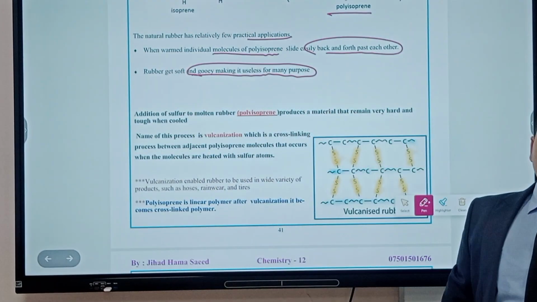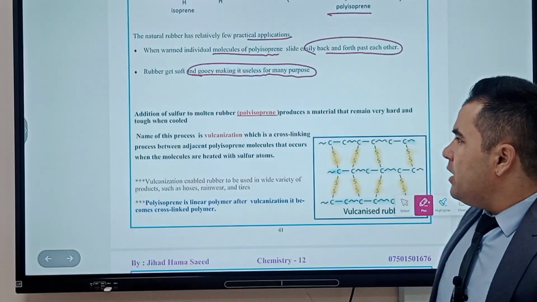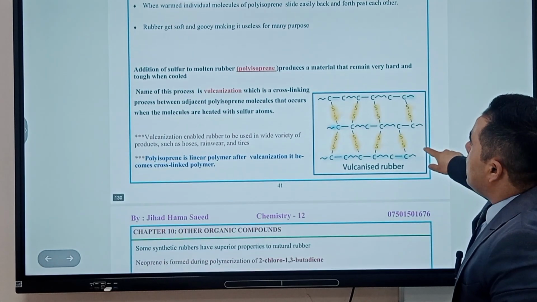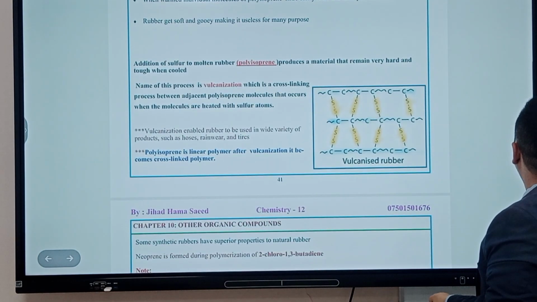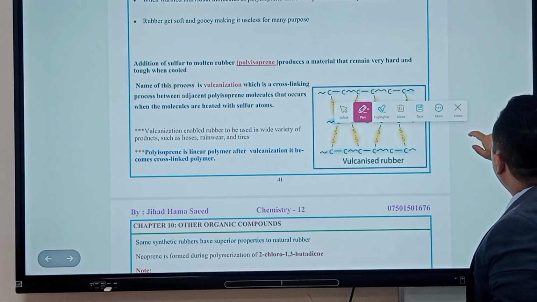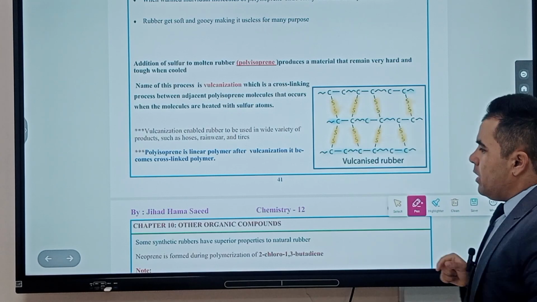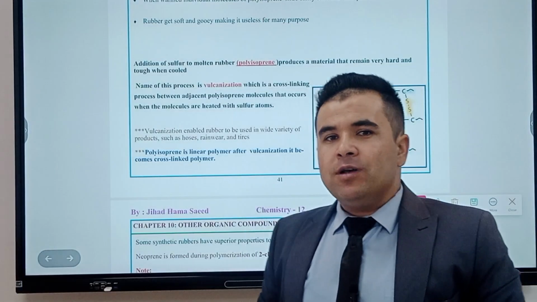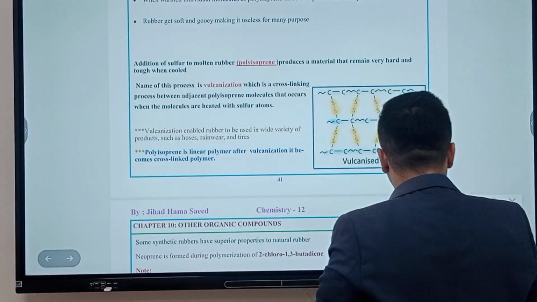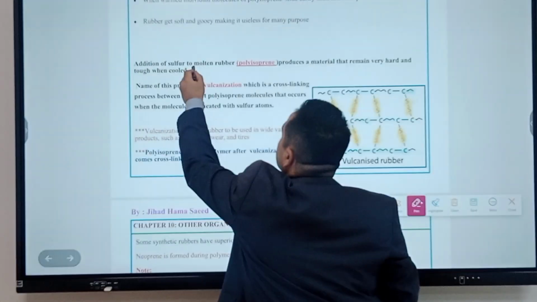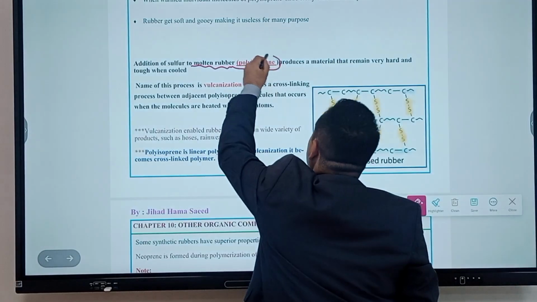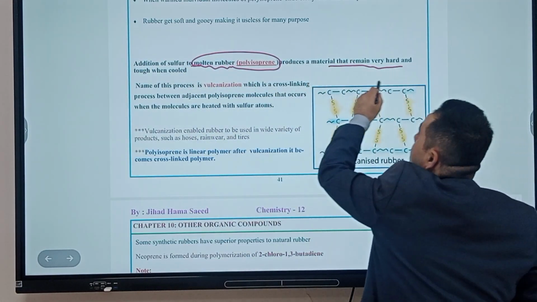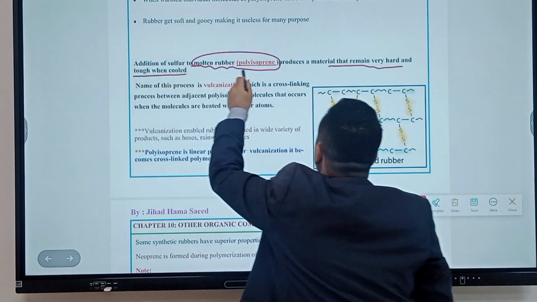It's soft, that's why it cannot be used industrially. If we want to use polyisoprene, we have to let it undergo a process we call vulcanization. Addition of sulfur to molten polyisoprene produces a material that remains very hard and tough when cooled.